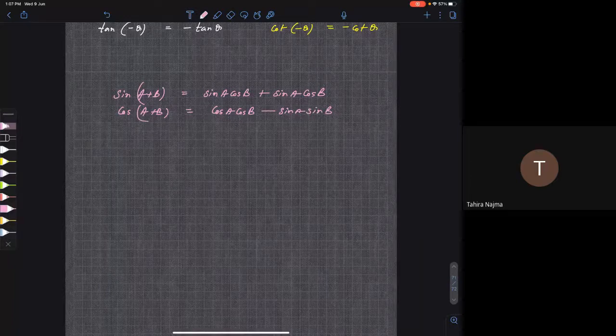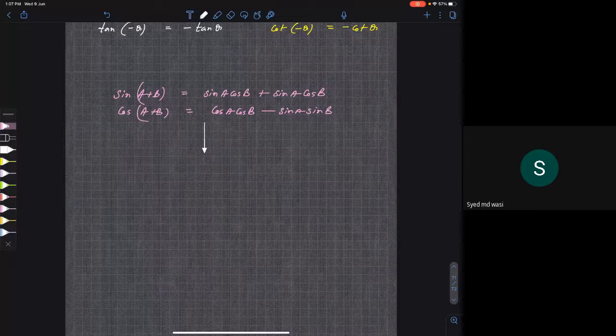From these two formulas we will derive several other formulas, and we'll look into those formulas tomorrow. Clear?